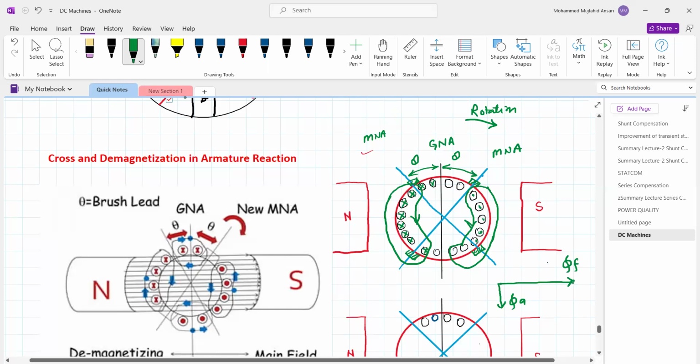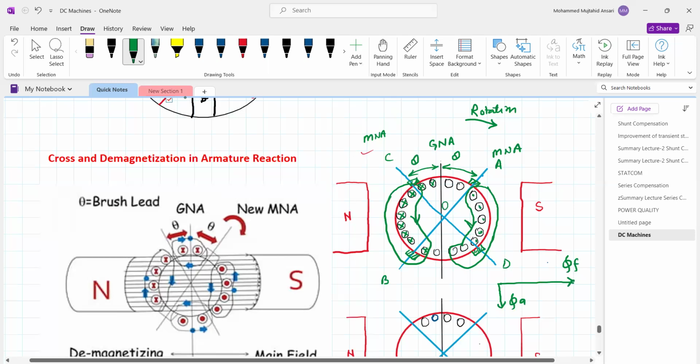For our simplicity, let us give names: this is A, this is B, now this is C, and this is D, and O is here.